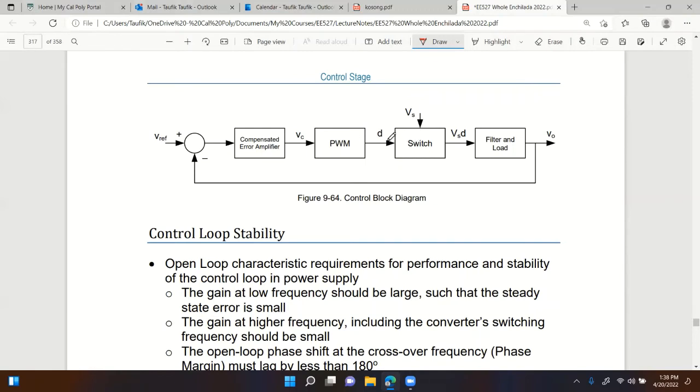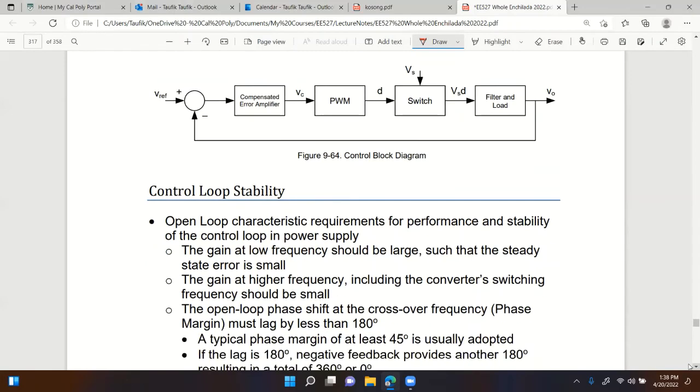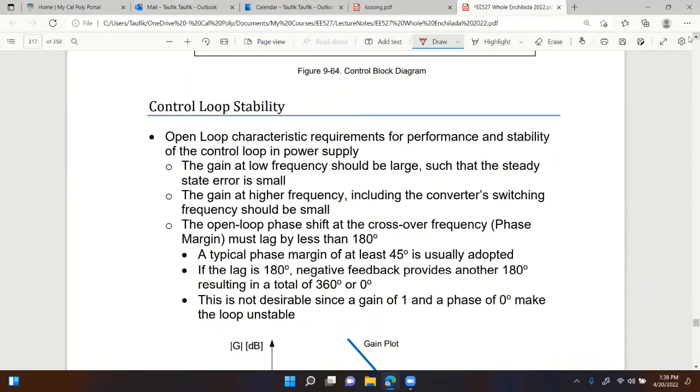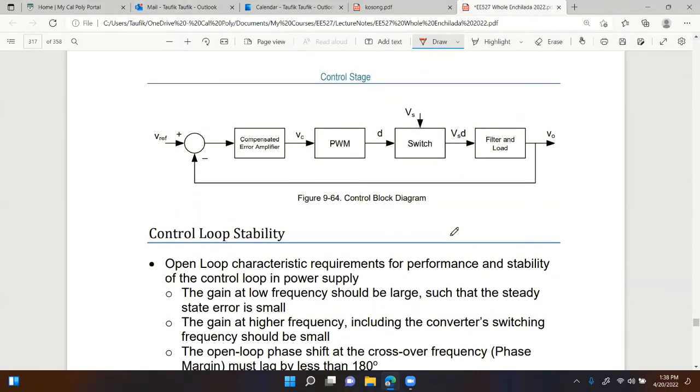And you can see now we're back to the starting point, right? All right, so that's the block diagram. Any question on the block diagram first?